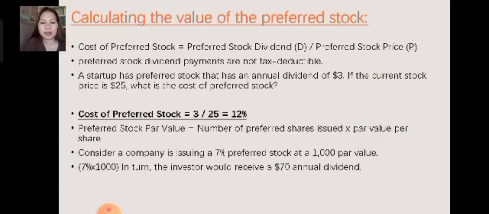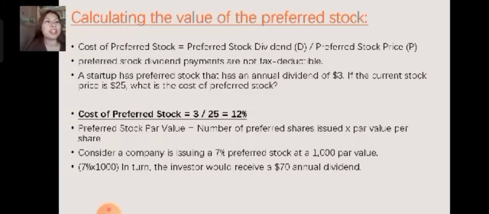Unlike bonds, preferred stock dividend payments are not deductible. However, the cost of preferred stock still might differ from stockholders' expected rate of return if the issuer incurs flotation cost. Here's an example. A startup has preferred stock that has an annual dividend of $3.